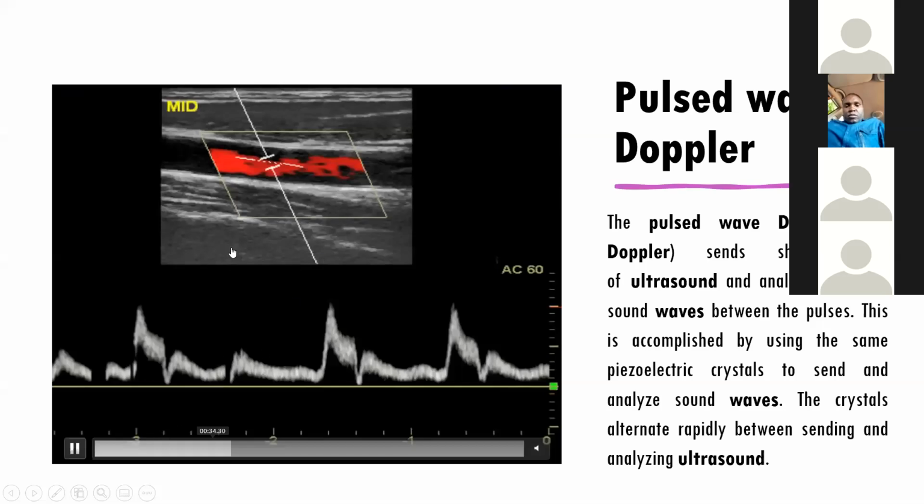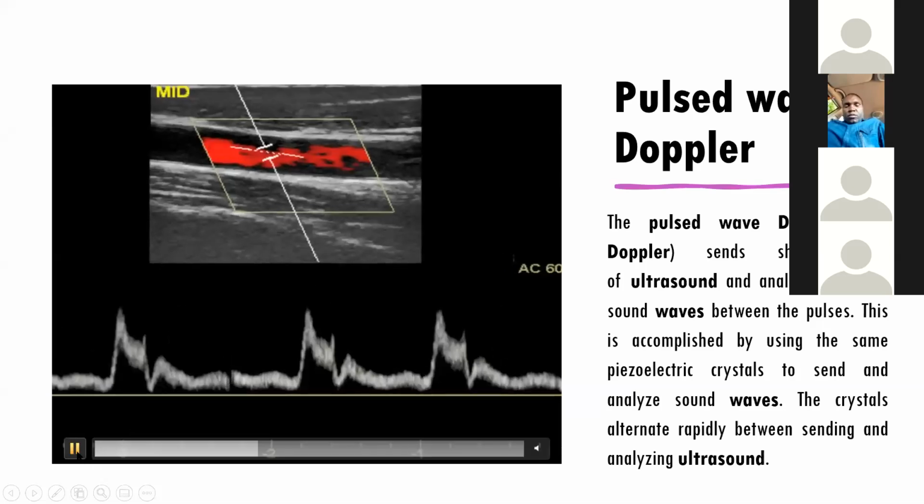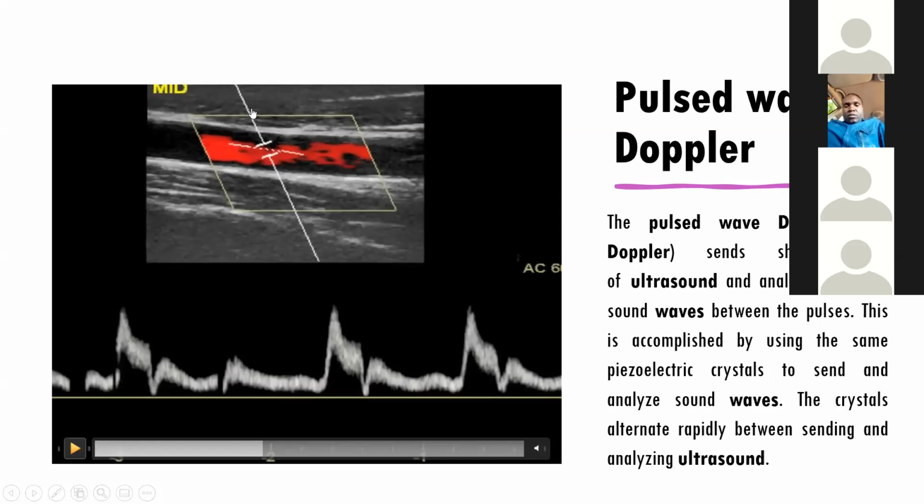Now just go on and see this one. What is happening here, you see a spectrum is coming one by one. I'm freezing this image. So here this is the blood vessel and the color box is here, that's why you are getting color here, that is, blood flow is present. Then we will go for pulse wave Doppler. Just use PW, there is a button, press it and you will get this.